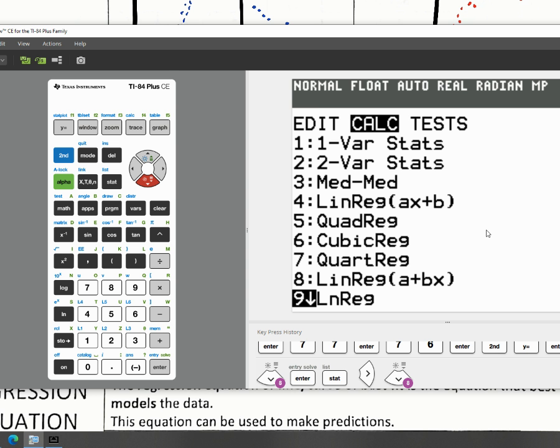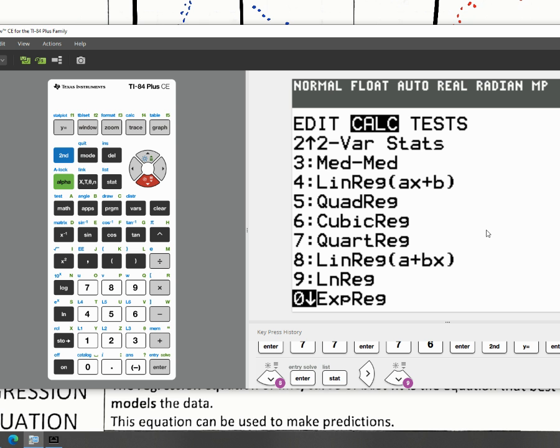What do you think number 9 is? Is that exponential? ln. Logarithmic. That's logarithmic. Where's exponential? Go down one more. ExpReg. So we're only going to be using 4 different ones? Yeah, we're going to limit ours to logarithmic, exponential, quadratic, or lines.